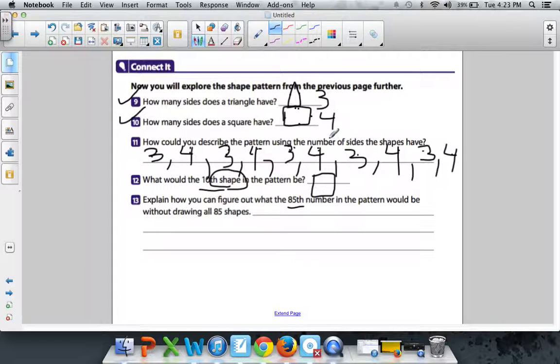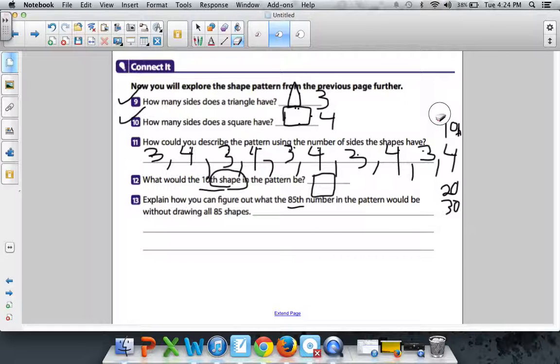You don't have to if you can predict what the pattern is like. So this is the 10th one, right? That was the 10th number in the pattern. And if you skipped ahead, it would also be the 20th, and the 30th, and the 40th, and the 50th, and the 60th, and the 70th, and even the 80th.